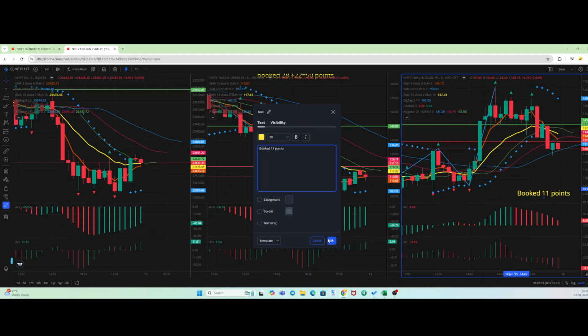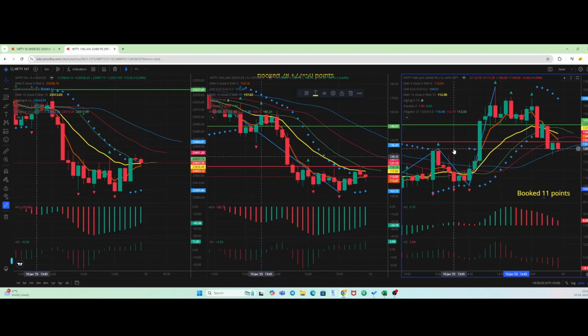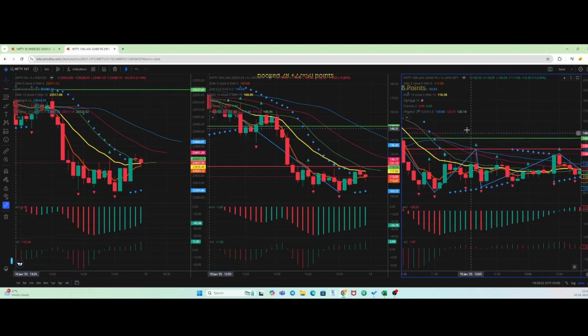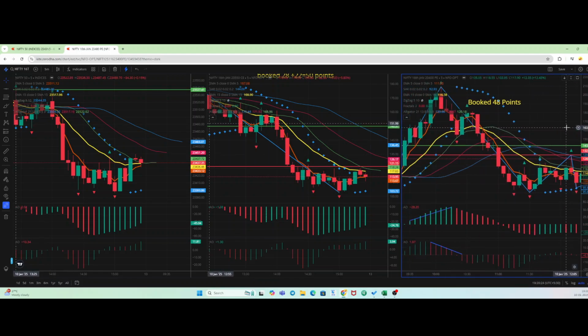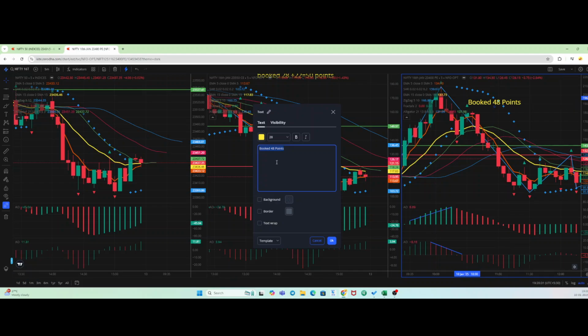So total, if you see, C side 50 points, P side 11 plus 48 means 59. 59 plus 50 on the C side is equal to 109 points. It's a huge profit.